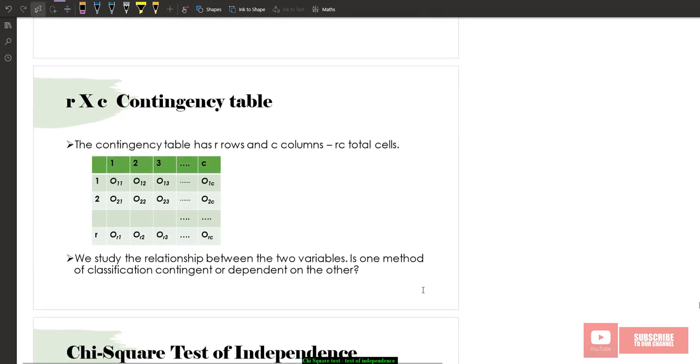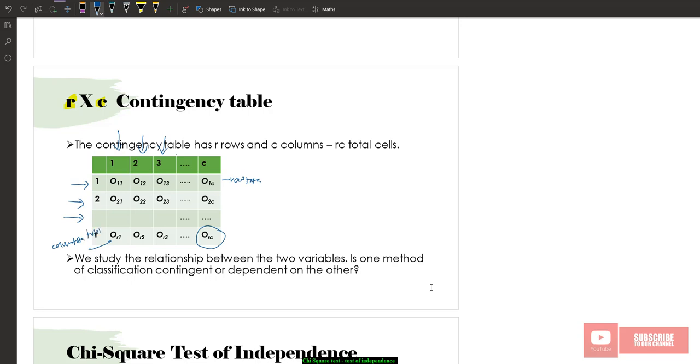As I said just now, a contingency table has rows and columns. This is what we call a row, and this is a column. This is the grand total, this is the row total, and this is the column total.